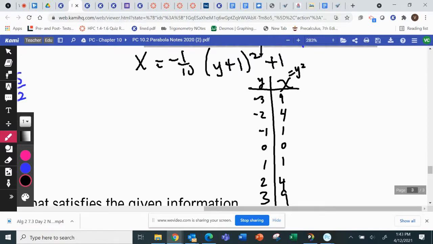Now I'm going to do transformations. This -1/10 normally would be the y's, but since this is x equals, -1/10 goes to the x column, which is normally the y's. Does that make sense?